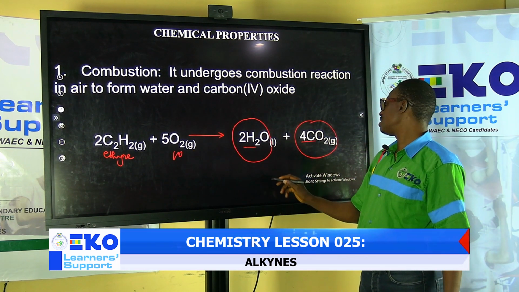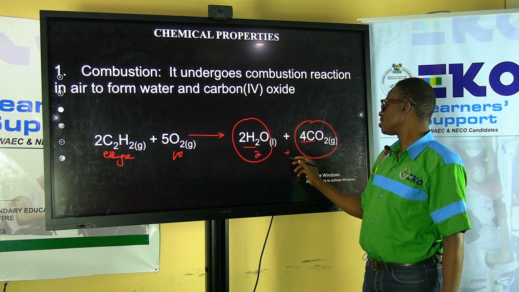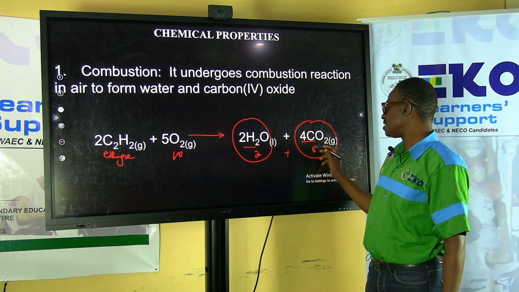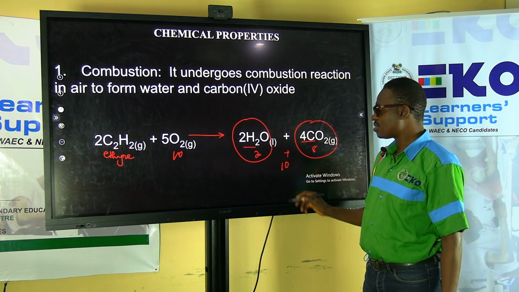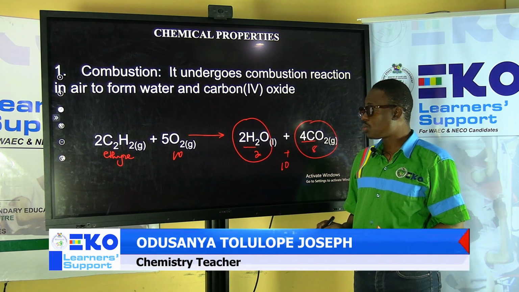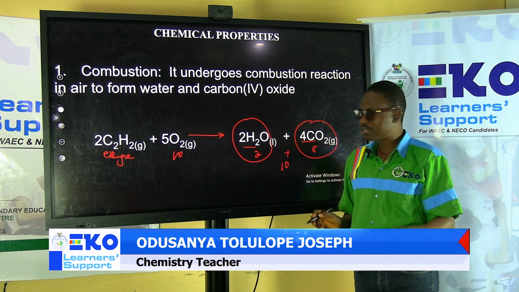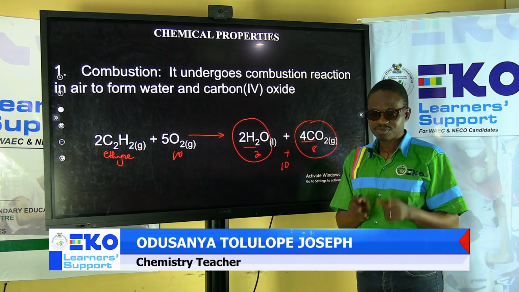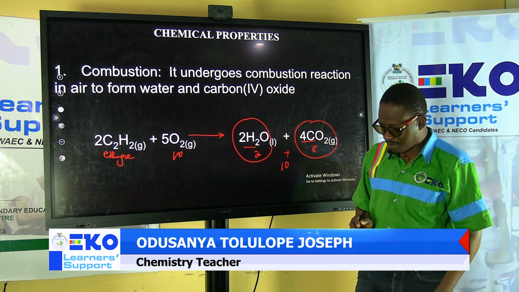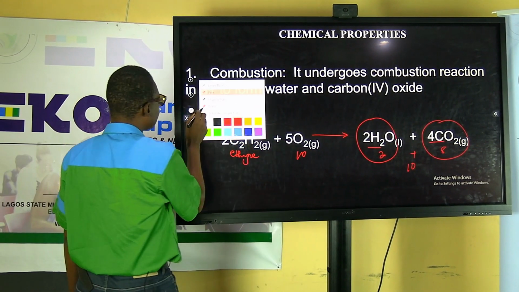Then you have 2 here, plus 8 here. All together, that gives 10. So the equation is balanced. You need to know that in this kind of reaction, combustion of any hydrocarbon, we give water and carbon dioxide. Good. Let's move to the next.